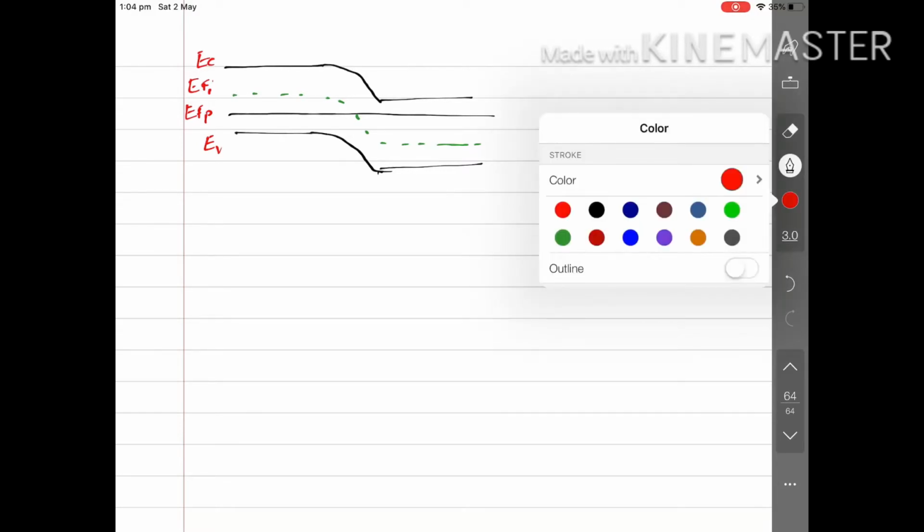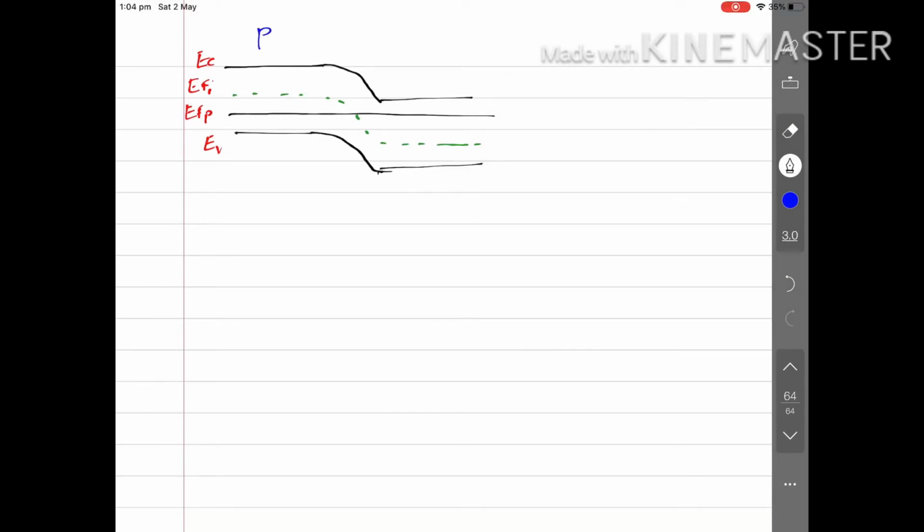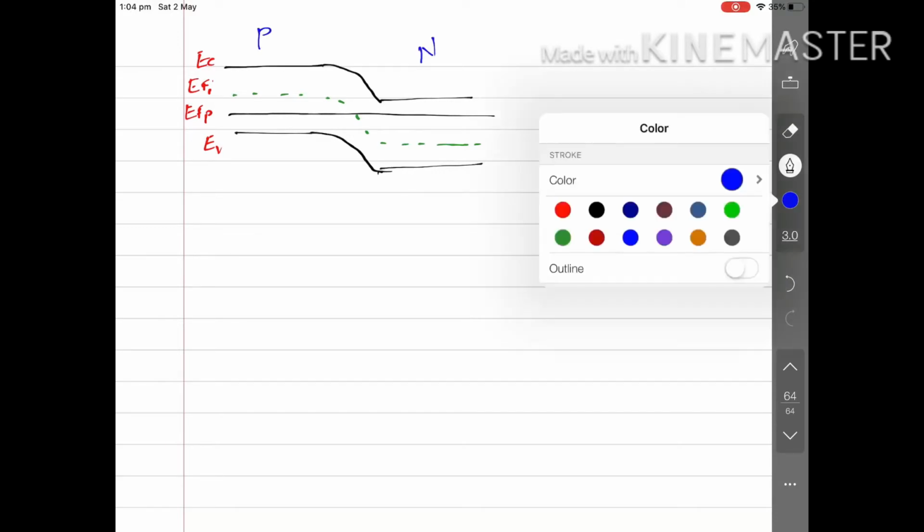So here this green line is your intrinsic Fermi level. This is your valence band, this is your conduction band, this is your intrinsic Fermi level, and this is the Fermi level of p-type. This is the p-type and this is the n-type semiconductor.